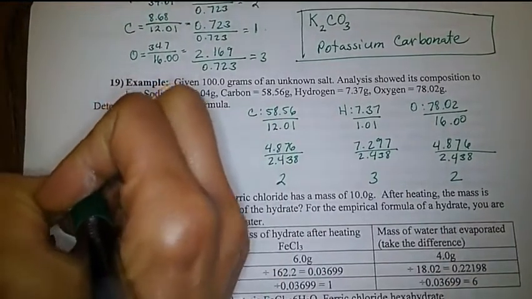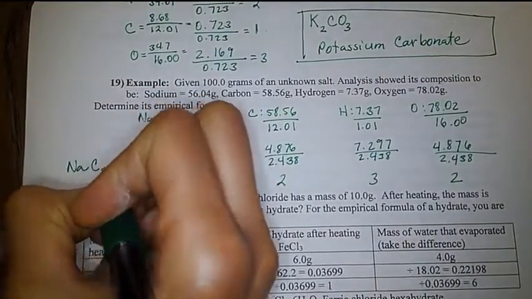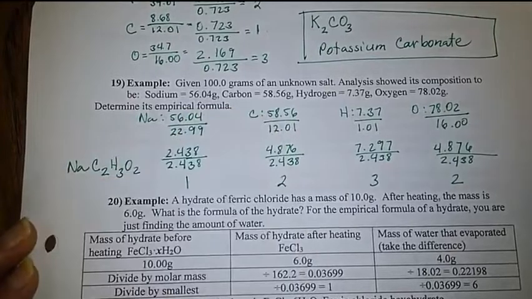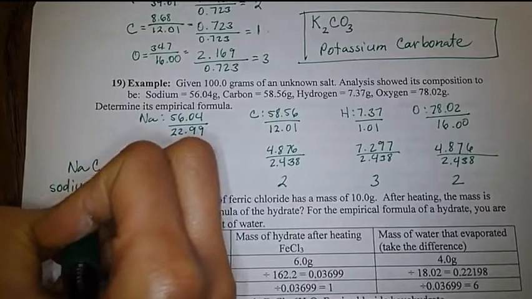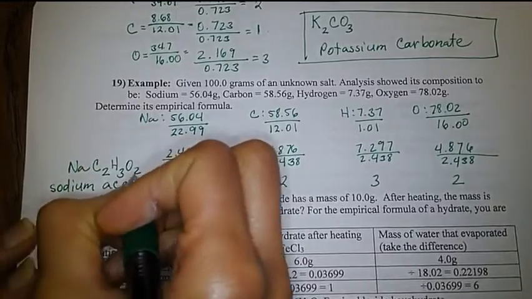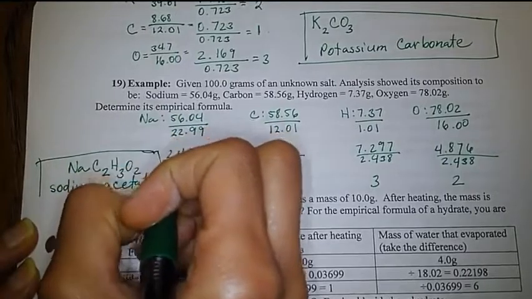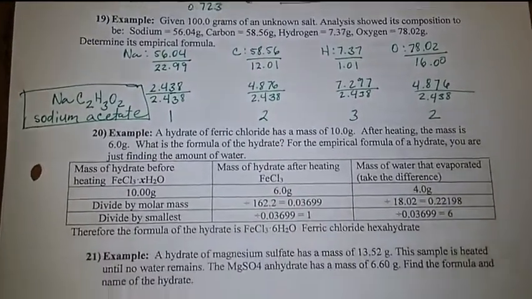But if you have 1 sodium atom, and then you have 2 carbons, 3 hydrogens, and again 2 oxygens, what substance is that? So that is sodium acetate. So you may want to have your polyatomic chart out in front of you if you feel like that would help you more with identifying it.